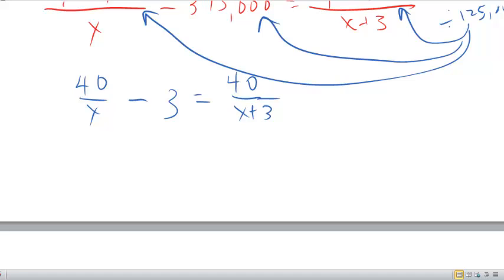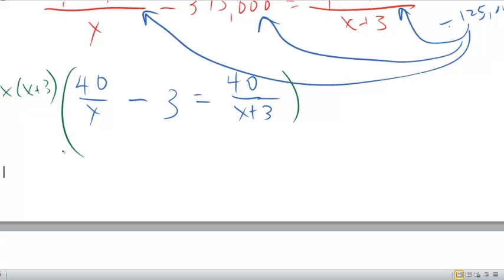But we still have these variables in our denominator. So, just like the last problem, we're going to multiply everything by their common denominator, which is x times x plus 3.